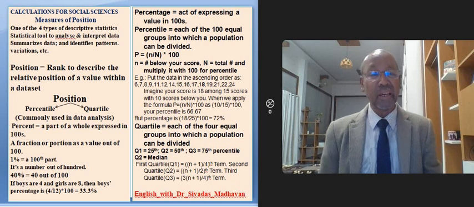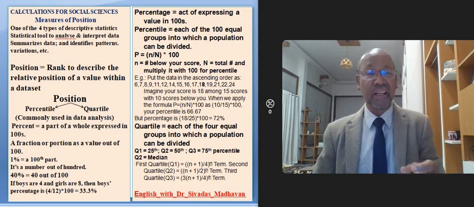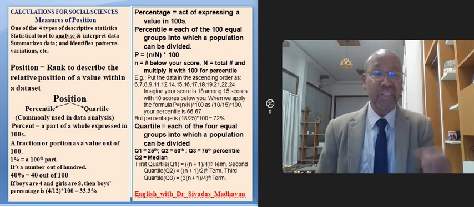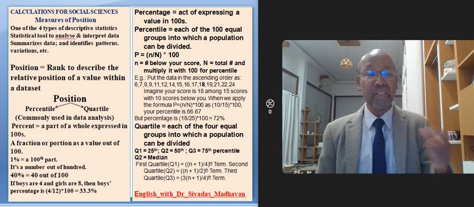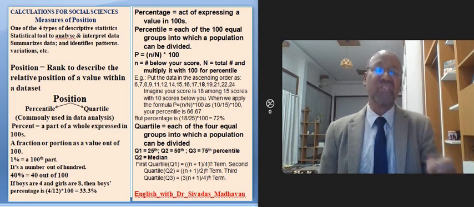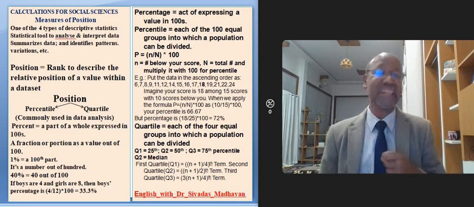So it will be 33.3%. And if you want to find the percentage of girls, you can calculate like this: 8 divided by 12 times 100. It will be 66.67% or 66.7%. So that's the way we calculate percentage.